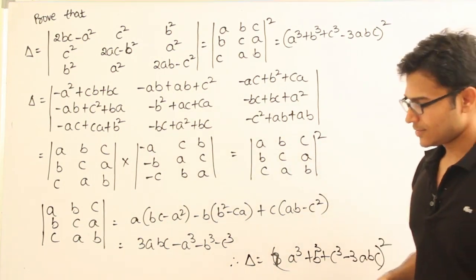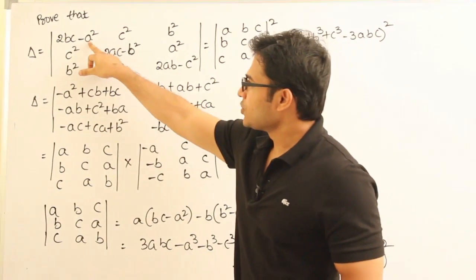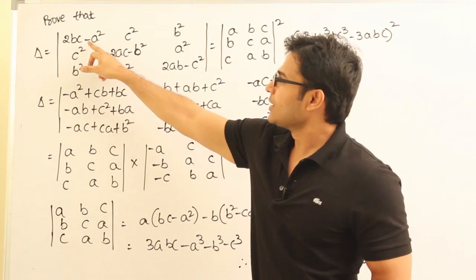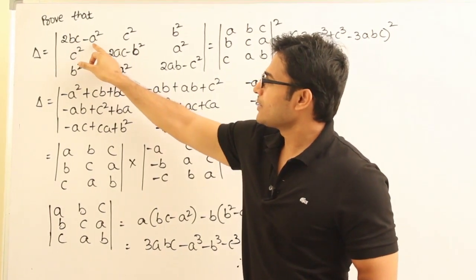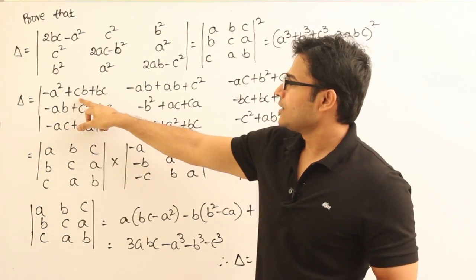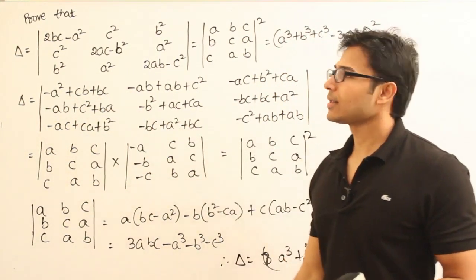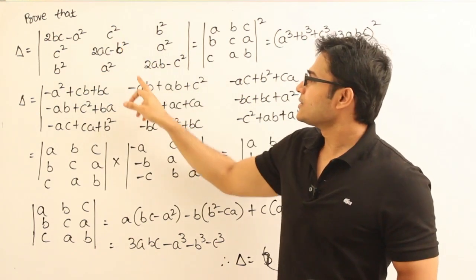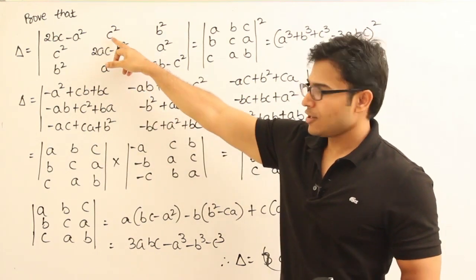Okay, now just see this. Since there are only two terms here, I am expanding this as if it is three terms. There is a 2bc minus a square, therefore I am writing minus a square plus cb plus bc, right? And then here there is c square, and only one term is there.